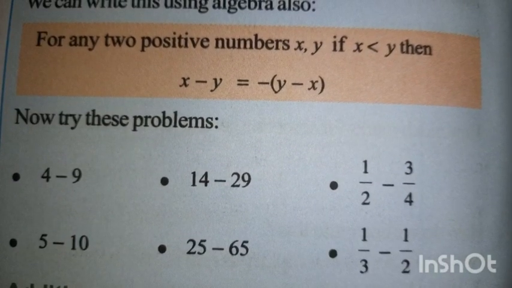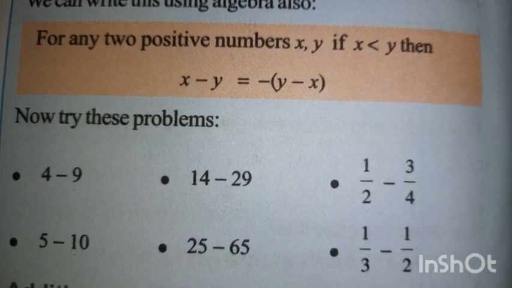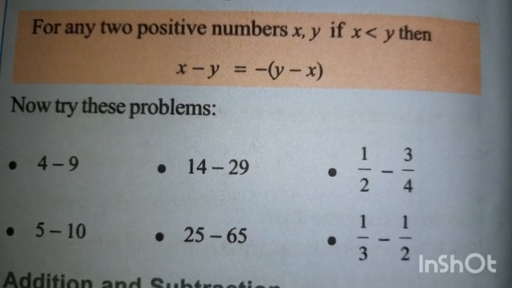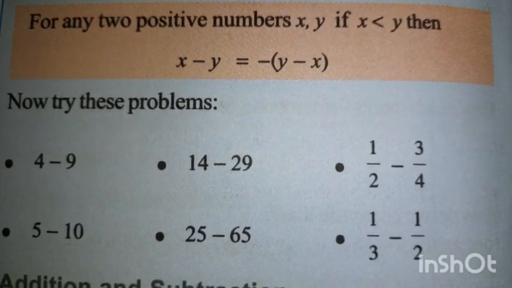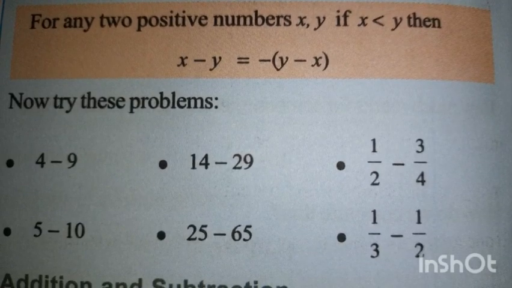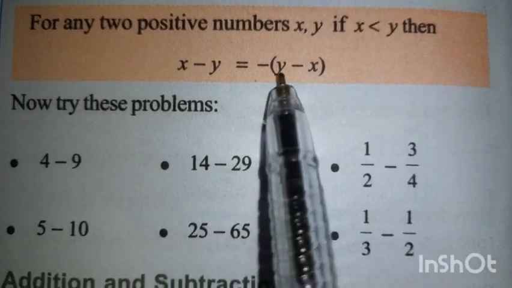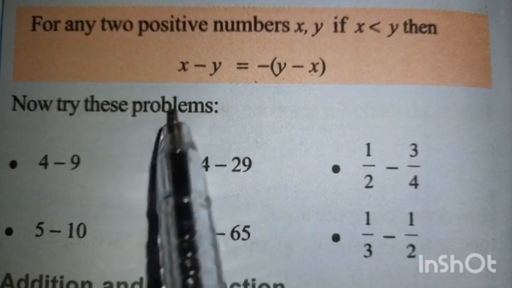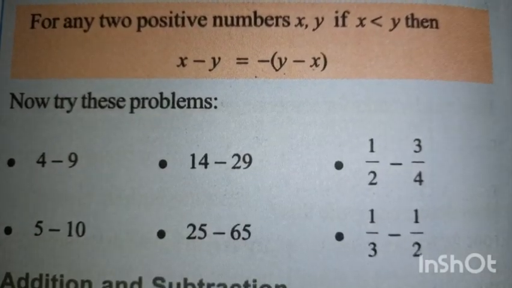For any two positive numbers x, y, if x is greater than y, then we can write x minus y is equal to minus of y minus x. If we multiply with the minus, minus into y is minus y, minus into minus x is plus x. That's why x minus y we are writing in other order. That's all.